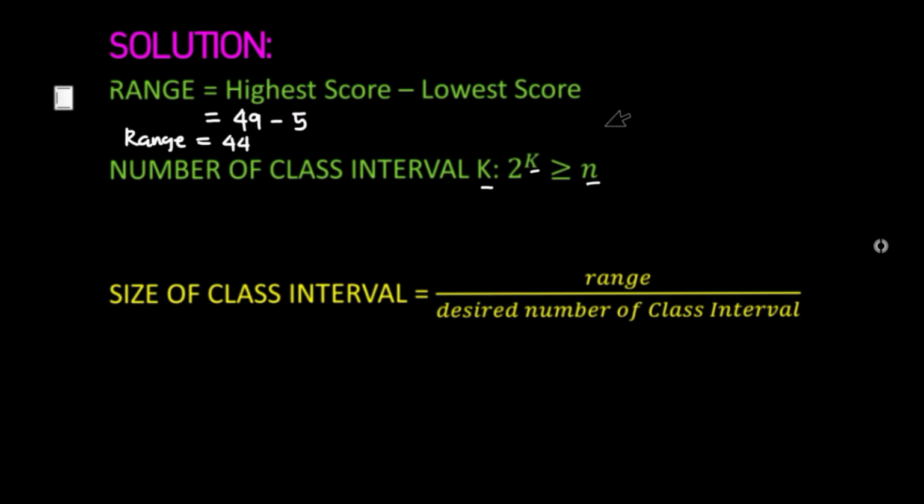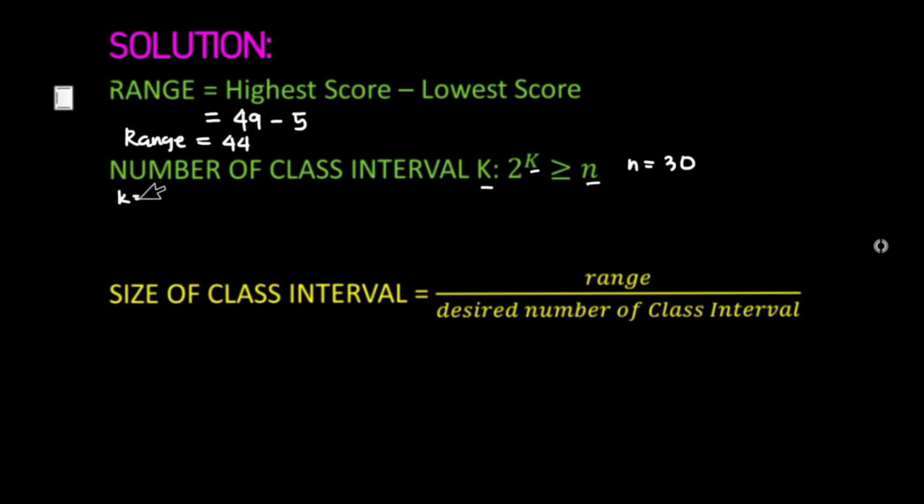Wherein, dito po sa data is, ang n ay 30. So, dapat po, mahigitan po natin yan, or basta po yung pinakamalapit sa 30, yun yung kukunin nating number ng class interval. So, let's start with 1.